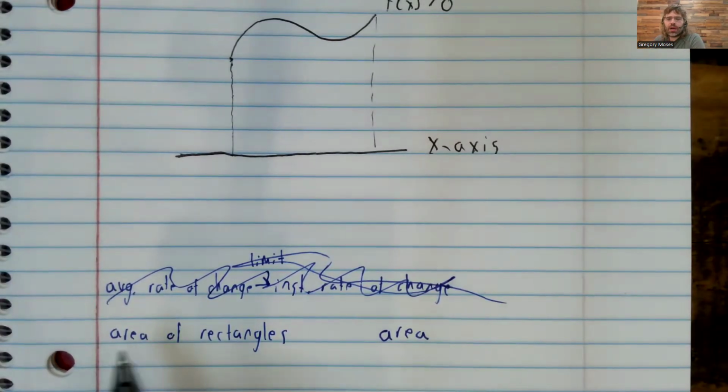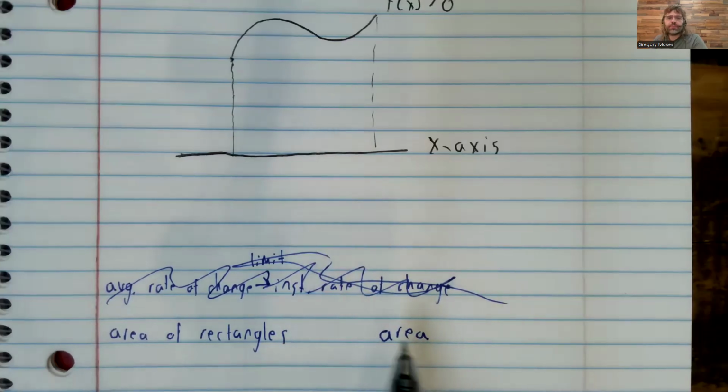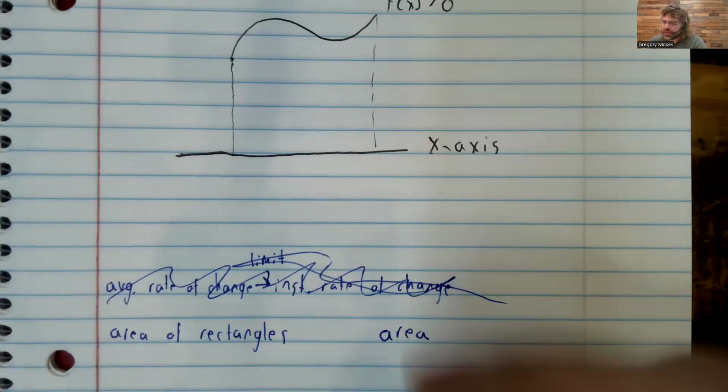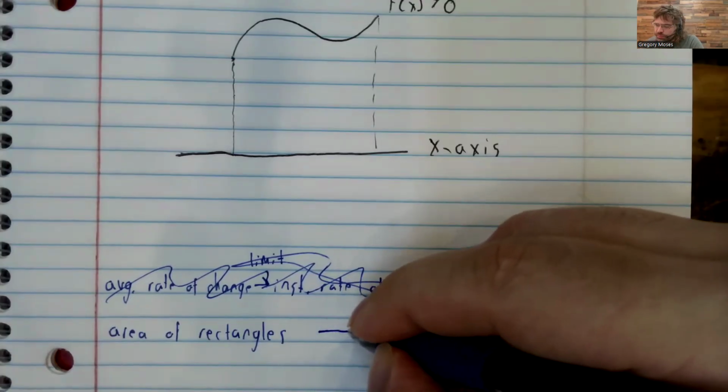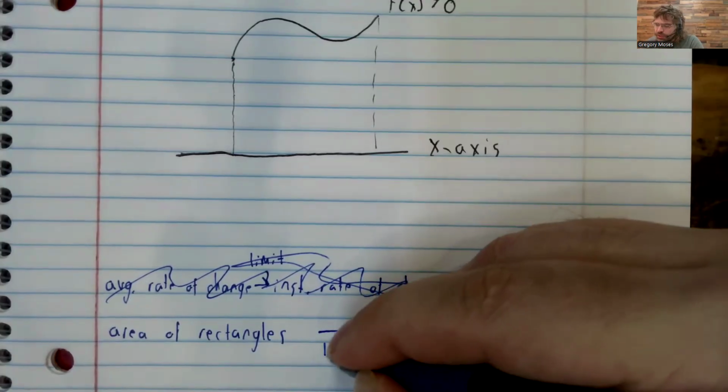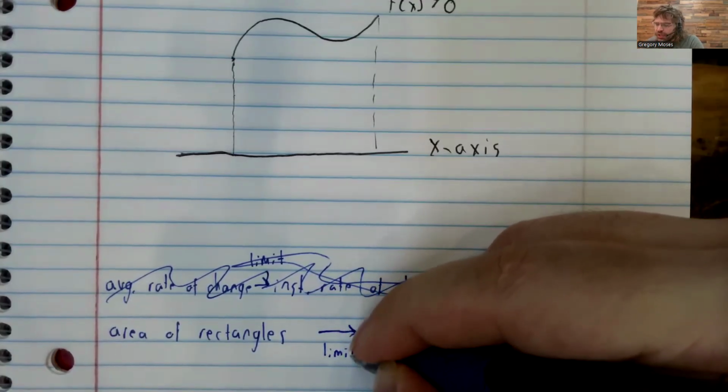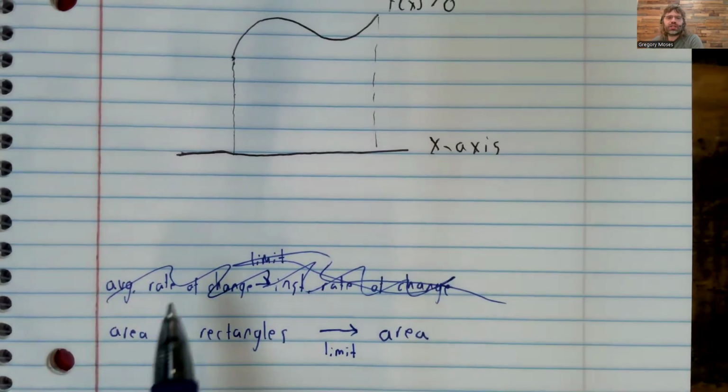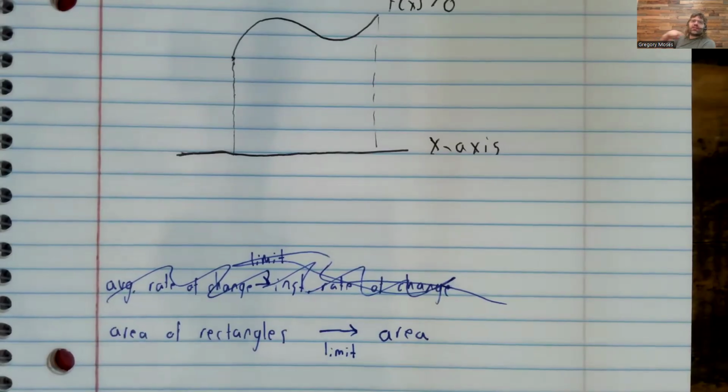So we'll approximate the thing we want using rectangles, and then a limit. We'll take our approximation and make it exact.